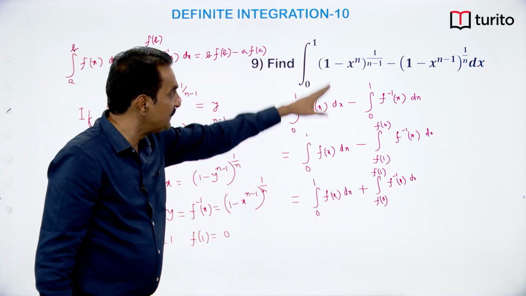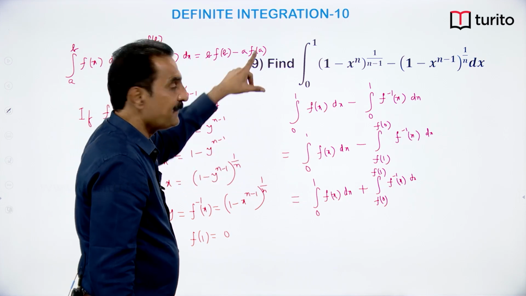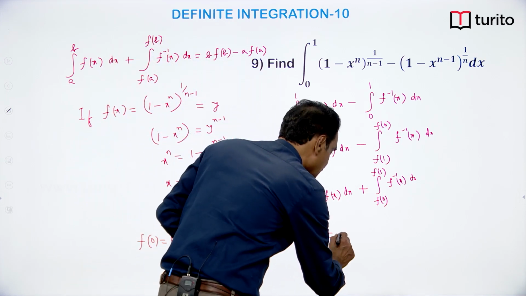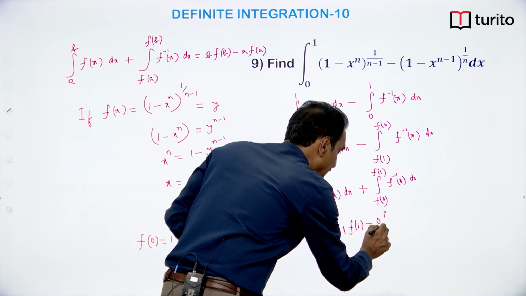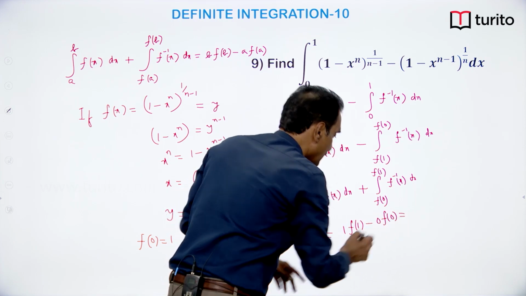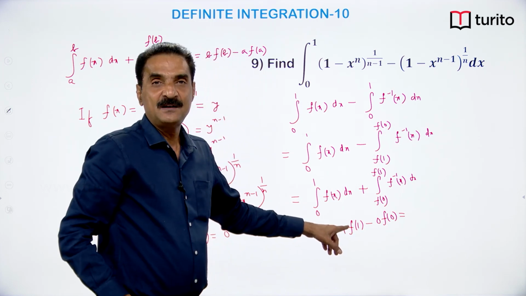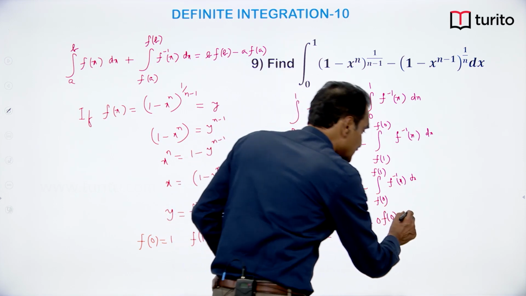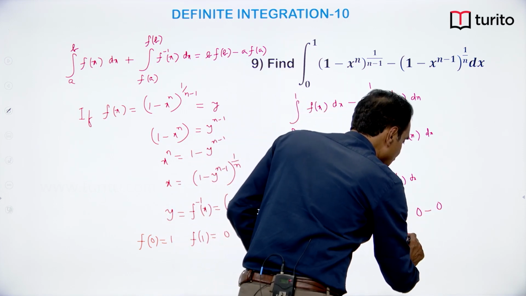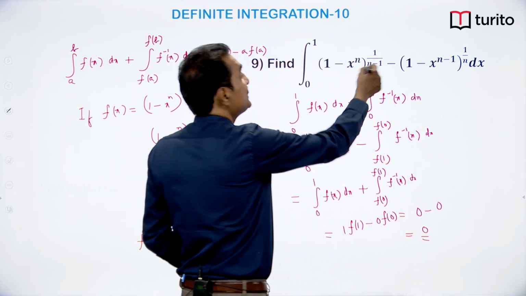So, what is the value of this integral? b f of b means 1 into f of 1 minus a f of a means 0 into f of 0. What is f of 1? 0. Second term is also 0. So, it is 0 minus 0. Answer is 0. This integral is 0.